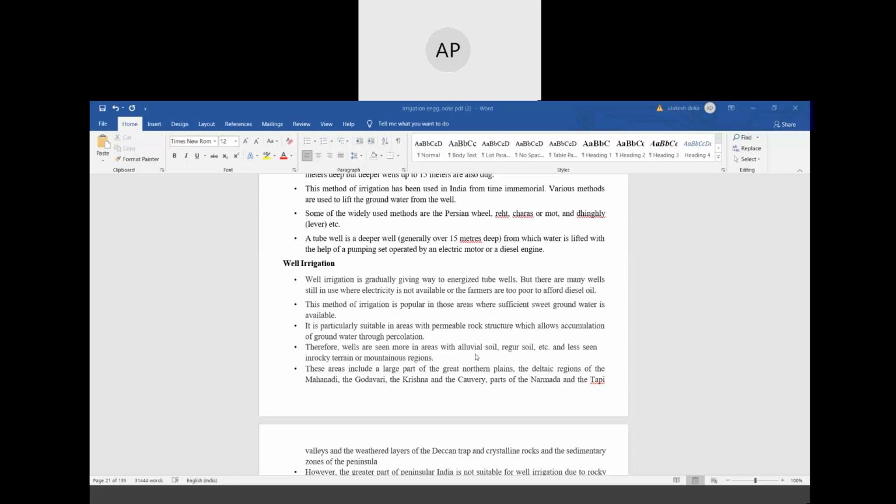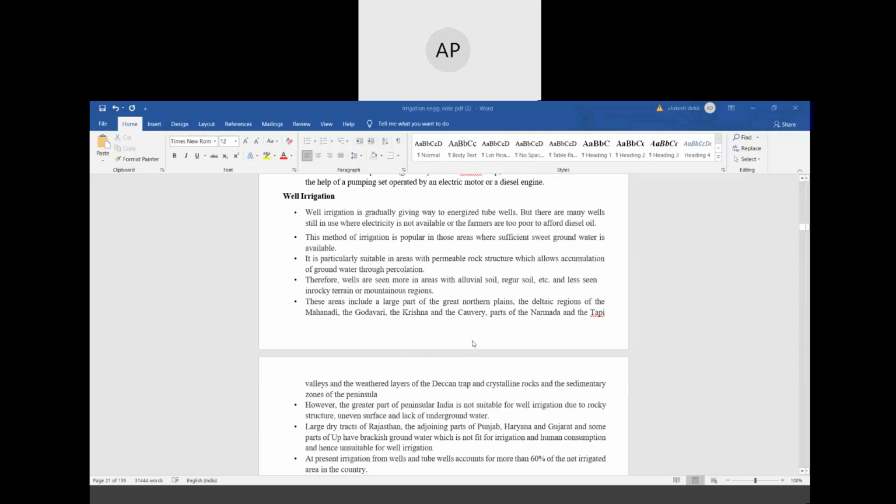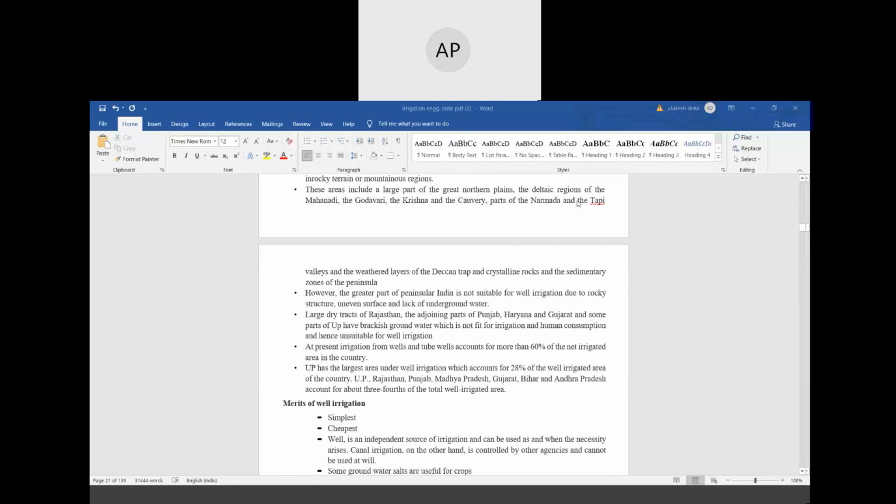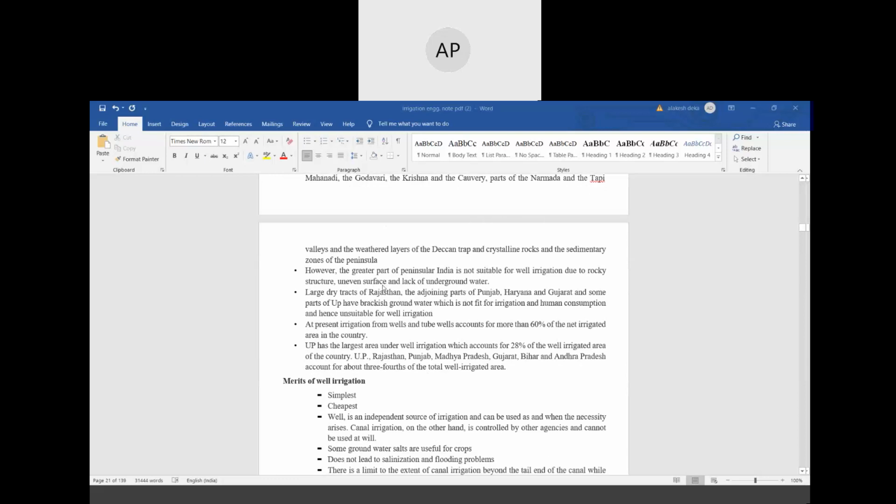Therefore, wells are seen more in areas with alluvial soil, regur soil, etc., and less seen in rocky terrain or mountainous areas. That means well irrigation cannot be adopted in mountain or hilly areas. These areas include a large part of the Great Northern Plains, the deltaic regions of the Mahanadi, Godavari and Krishna-Kaveri, and parts of the Narmada and Tapi.